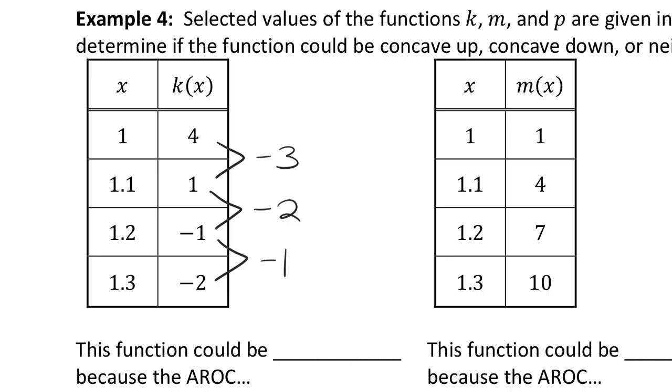What is the change in the rate of change? +1 and +1. So since this is a positive number and my average rate of change is increasing every time by 1, that's an increasing rate.